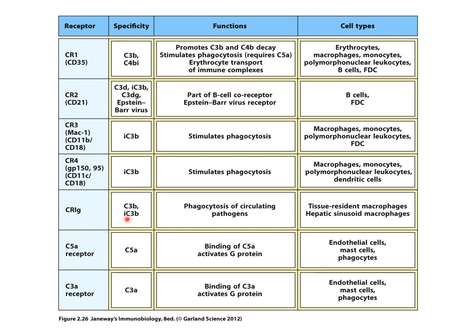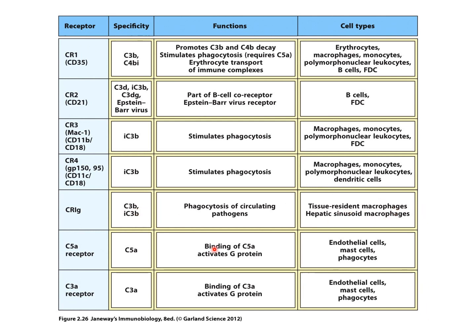C3b, if it doesn't bind to the surface of a cell, but actually binds the complement receptor, will induce phagocytosis. If it is bound to the surface, opsonizing the surface of the bacterial pathogen, it will induce phagocytosis by a tissue-resident macrophage. So instead of being opsonized by antibodies, it can be opsonized by C3b.